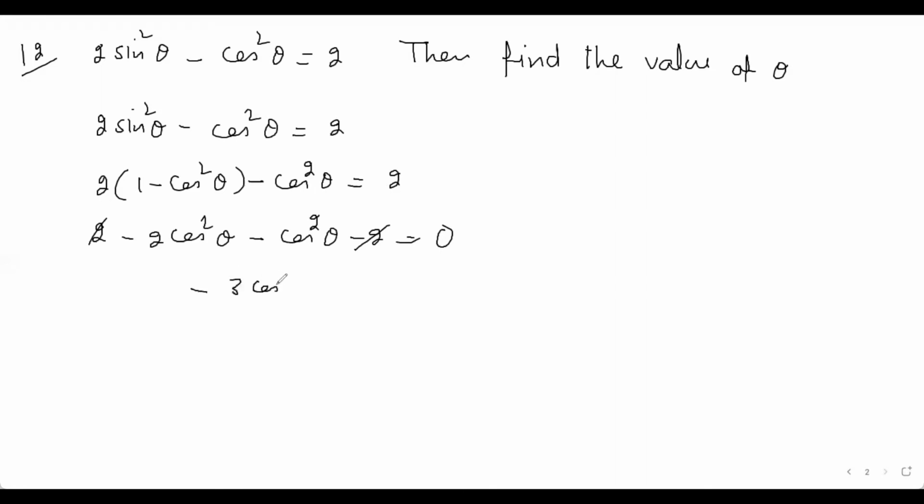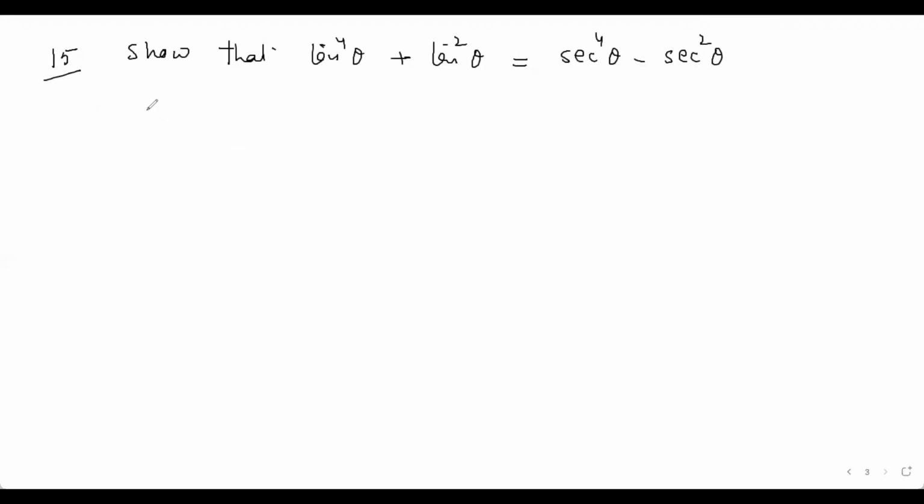Minus 3 cos²θ is equal to 0. So cos²θ = 0. It means cos θ = 0, and when cos θ is 0, θ is 90 degrees. So the value of θ is 90 degrees.